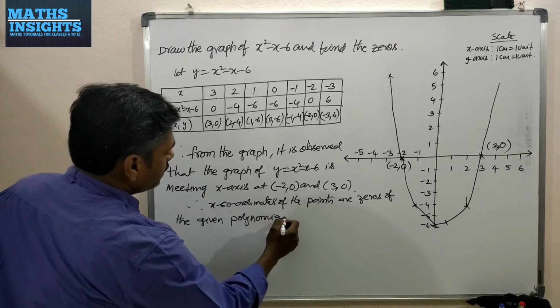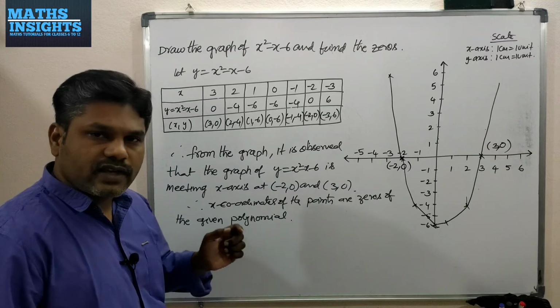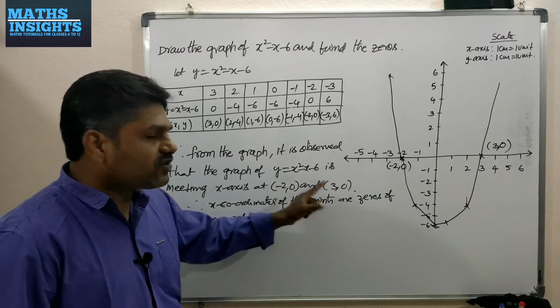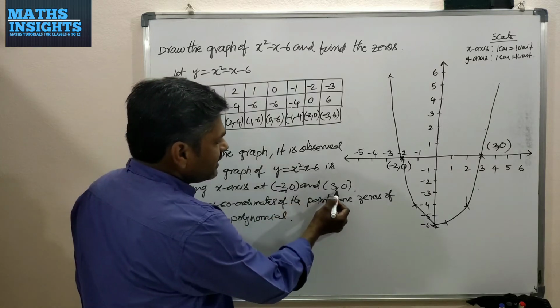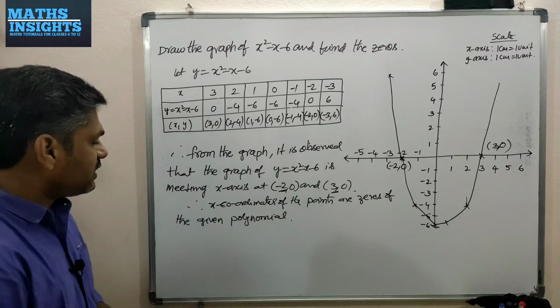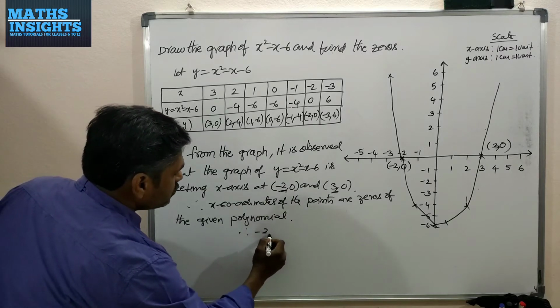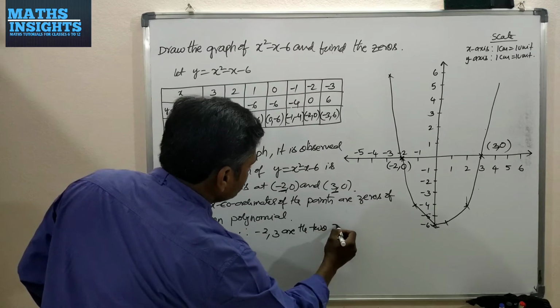Okay. So after finding the points where it is meeting the x-axis, you have to take the x coordinate. See, in the first point the x coordinate is minus 2, in the second point the x coordinate is 3. Therefore minus 2 comma 3 are the two zeros.